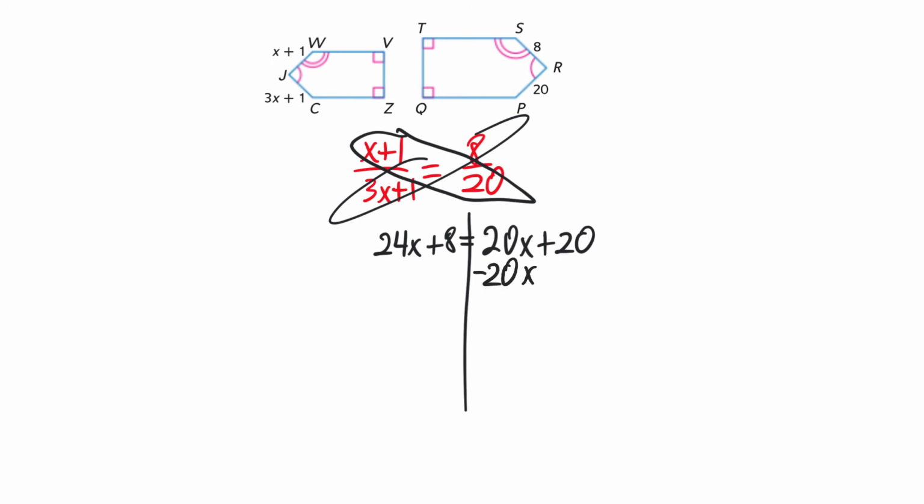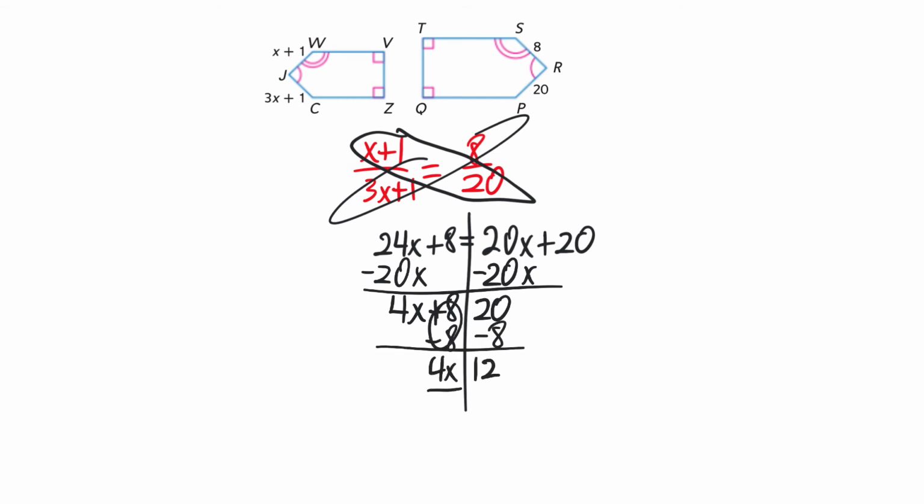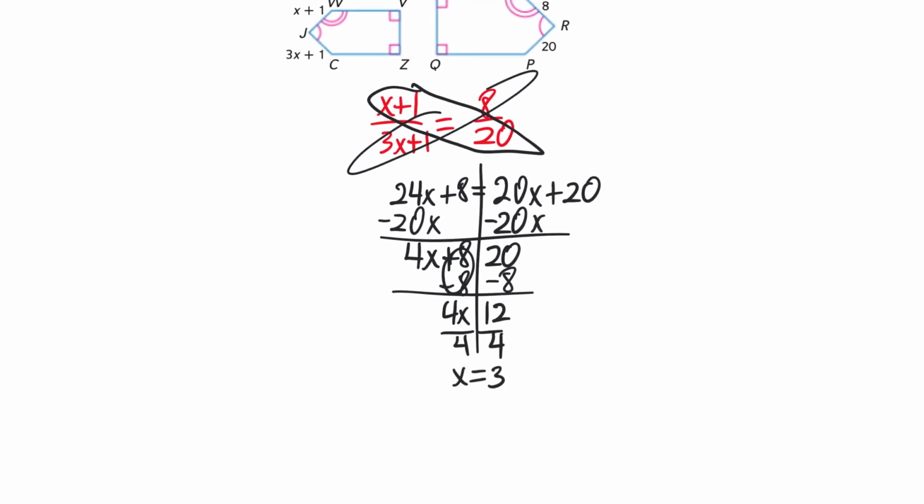We subtract 20x from both sides, so it gives 4x plus 8 equals 20. Minus 8, 4x equals 12, divided by 4, and x equals 3.